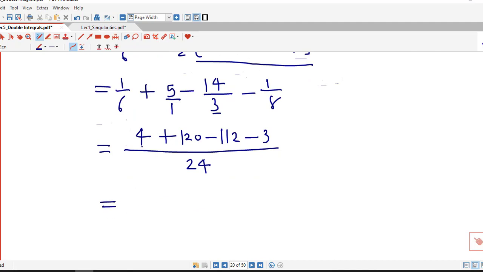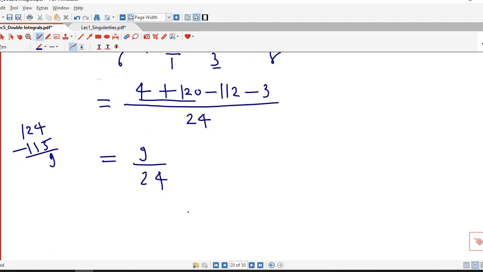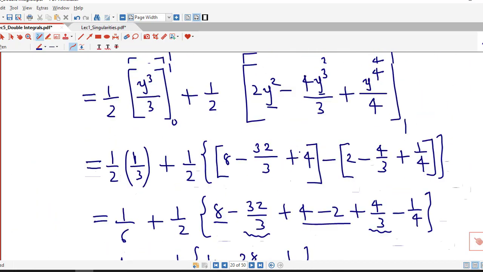So now we can see this is 124 minus 115. So this is now 9. So we have 9 by 24, and we can cancel out 3, so we are left with 3 by 8. So value of given double integral is 3 by 8.